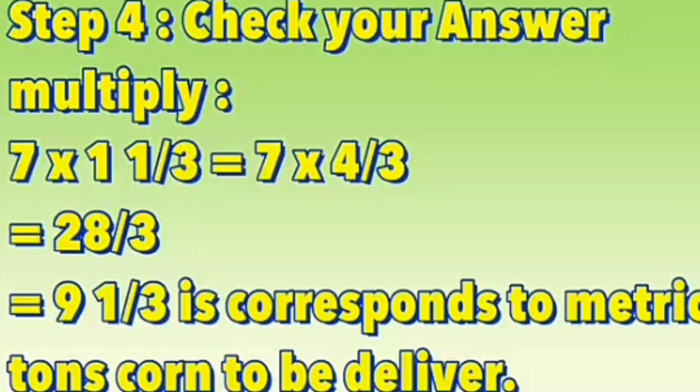It becomes now 4 over 3. Then 7 times 4 equals 28. Then copy the denominator, which is 3. Then 28 divided by 3 becomes now 9 1/3, which corresponds to the metric tons of corn to be delivered.